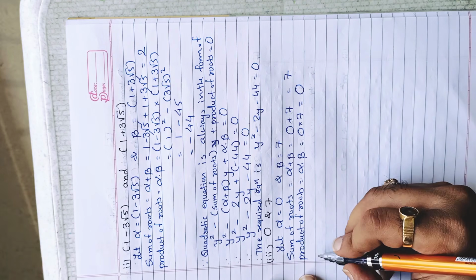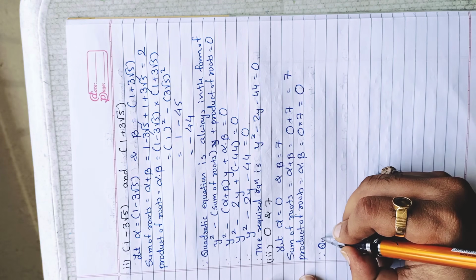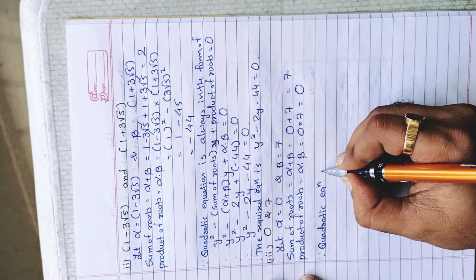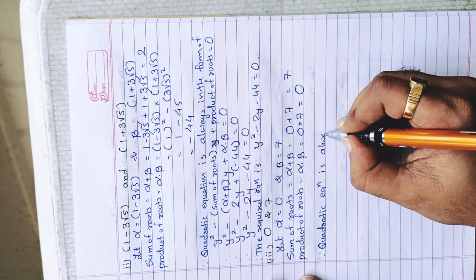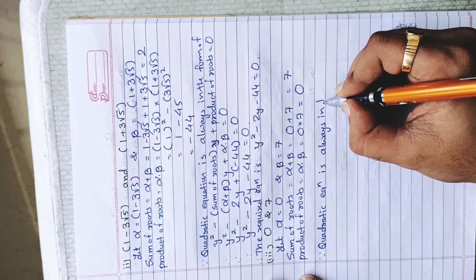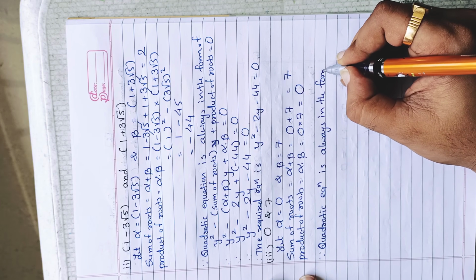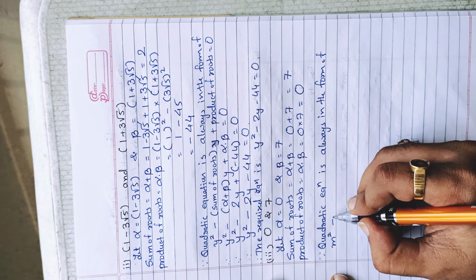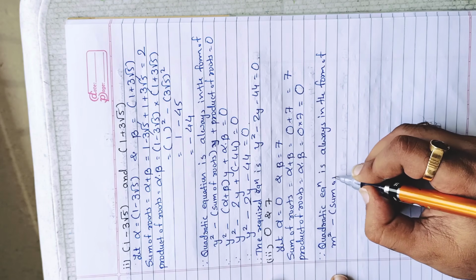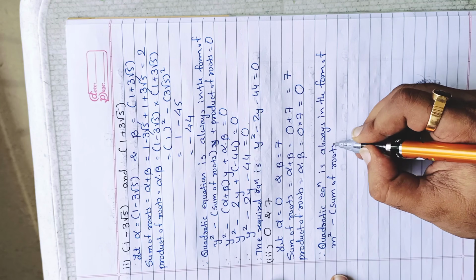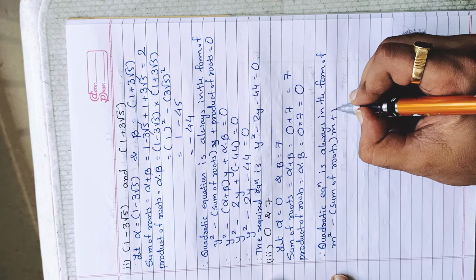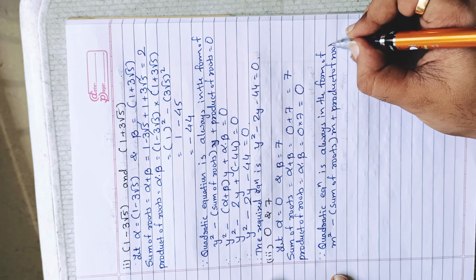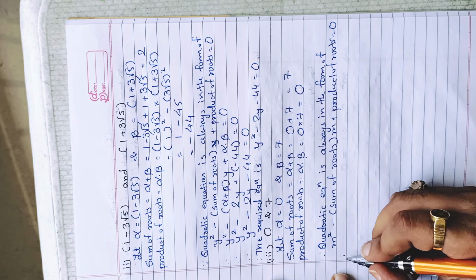The next, since quadratic equation is always in the form of, now I'll take m as a variable, so m square minus sum of roots m plus product of roots equal to 0.